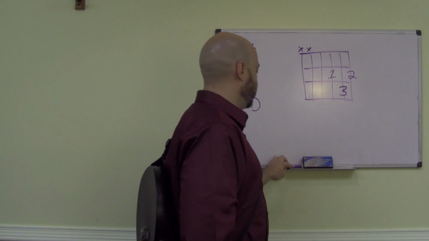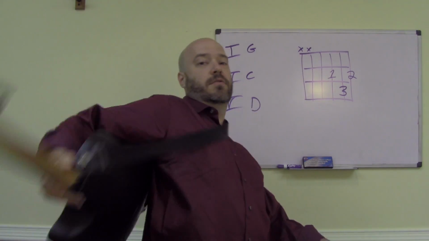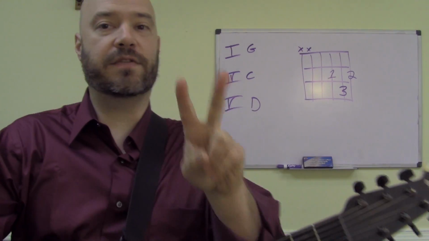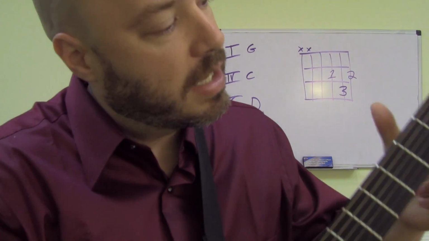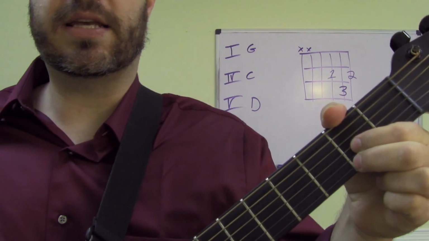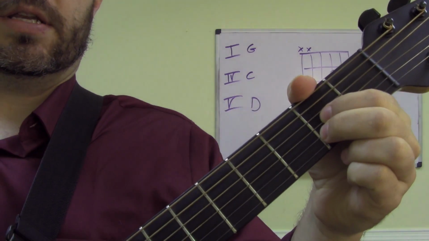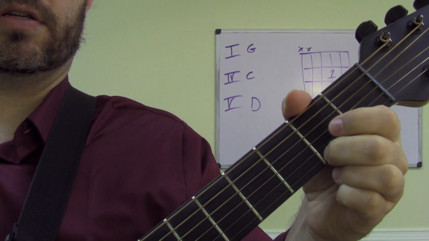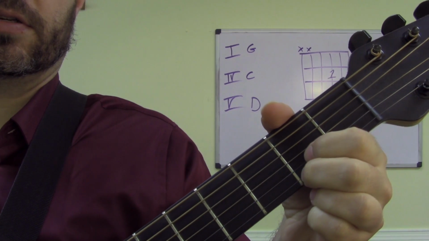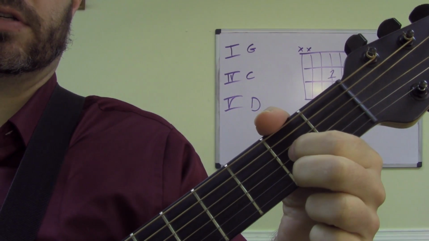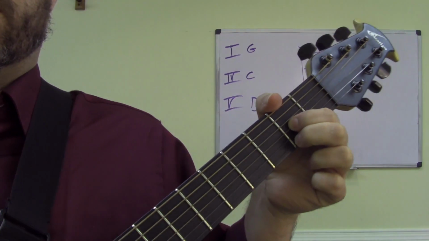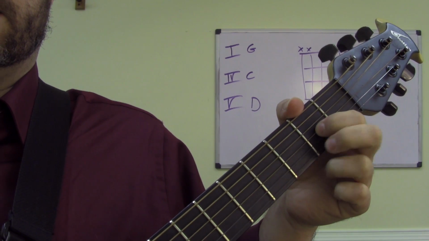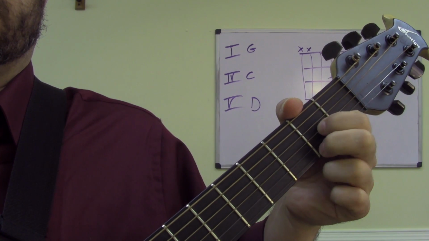And here's the easiest way to get to this D if you've never played it before. You take your first finger and your second finger and you put both of them on the second fret. Now you make sure your second finger is on the bottom string, that's the E string. Skip the B string, go to the G string. So your fingers are on the E string and the G string.